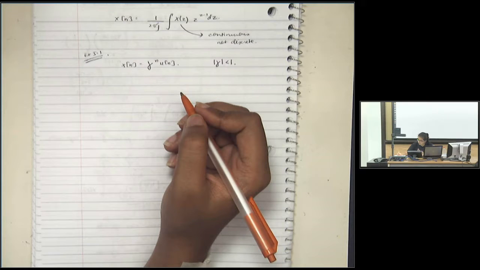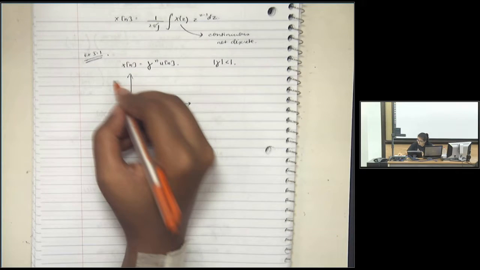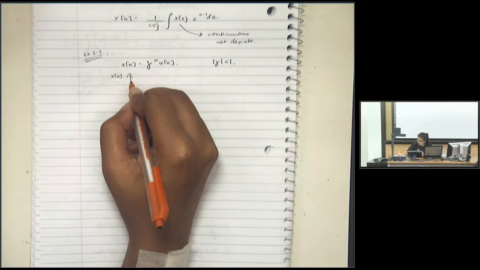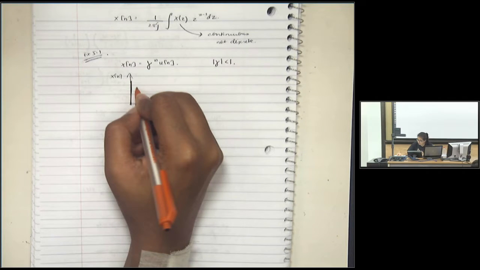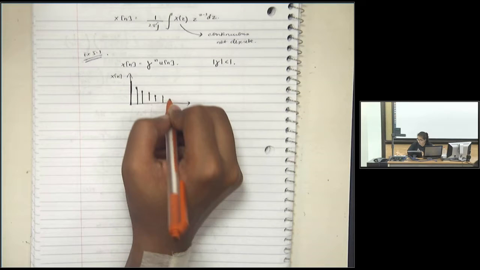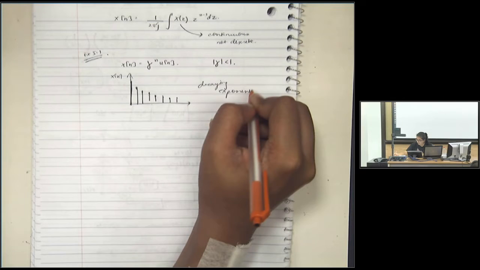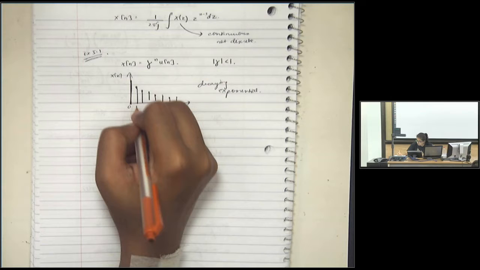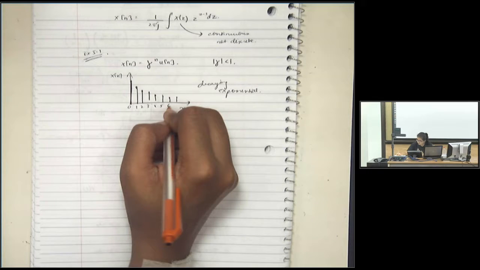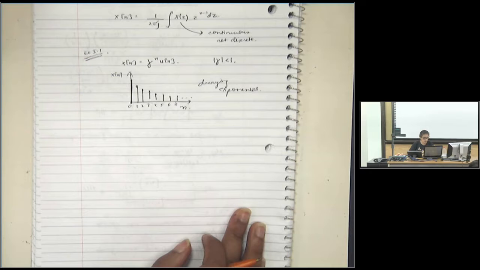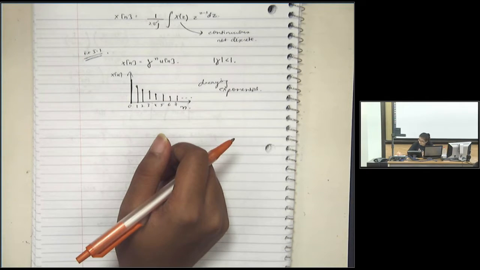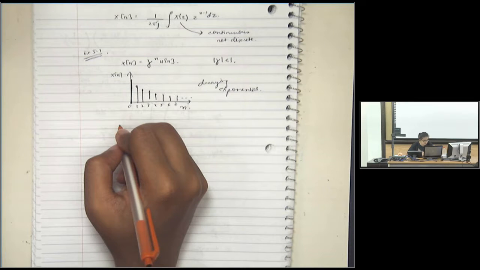So our x of n will look like this. It's a decaying exponential. Okay, and this only occurs at integer values of n and so on. All right. Now, if you're supposed to take the Z transform of this function, let's just substitute it into the formula.